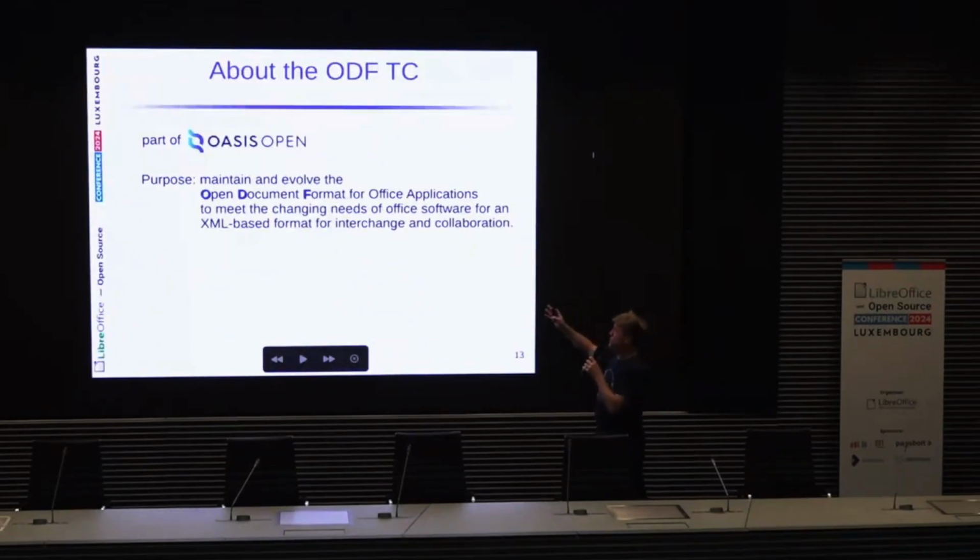So the ODF TC is part of Oasis, as I mentioned before. We are maintaining this Open Document Format, not Office Open XML or Open Office XML. In our charter it is written that we use this format for office applications to meet the changing needs of office software, an XML-based format for interchange and collaboration. That's in our charter, that's our aim, what we do.